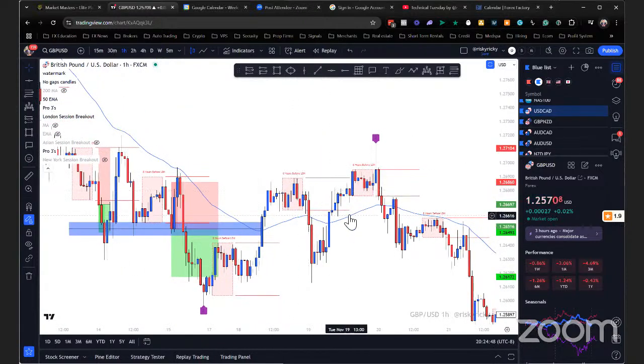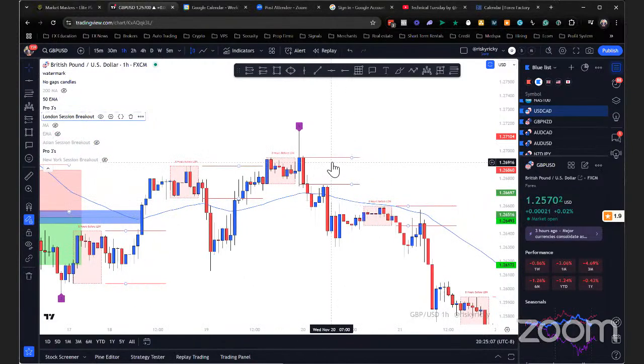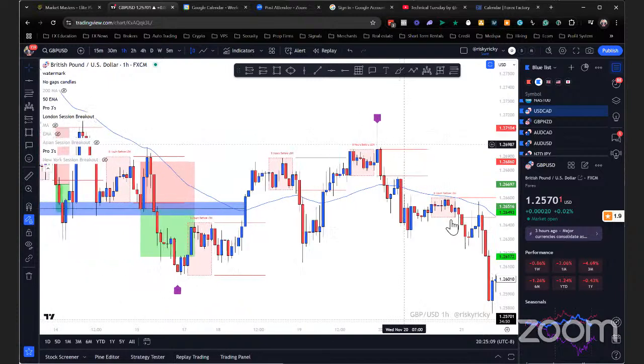So for this, I would recommend like at least 5 minutes before high impact news happens, you close your position. If you have an open position, you just close it in a small loss or a profit, but just making sure to get out of the high impact news because it can spike up and down sporadically when that happens.